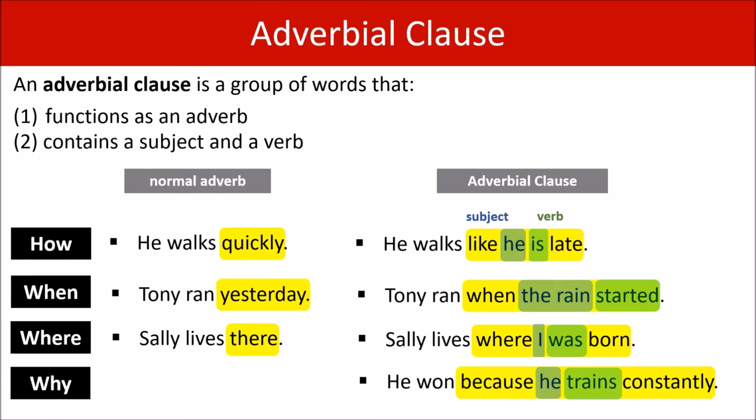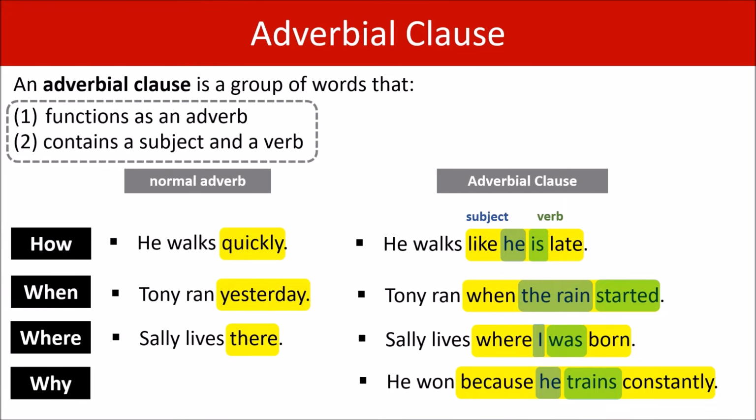So, if we look back at our definition, an adverbial clause is a group of words that functions as an adverb. Well, we've proved that by comparing the single word adverbs with the adverbial clauses. And contains a subject and a verb. Well, you can see that each of those clauses contains its own subject and verb.